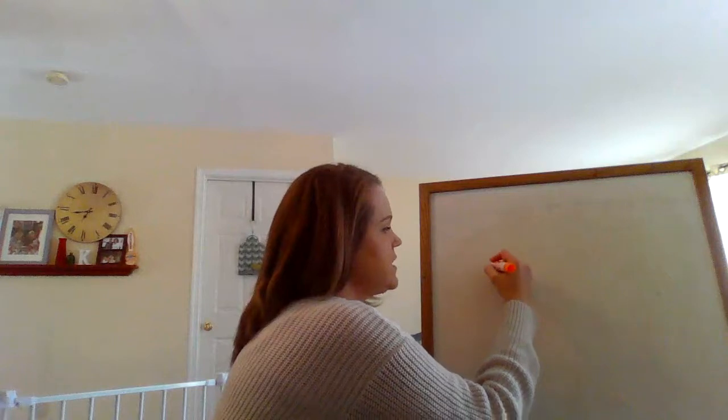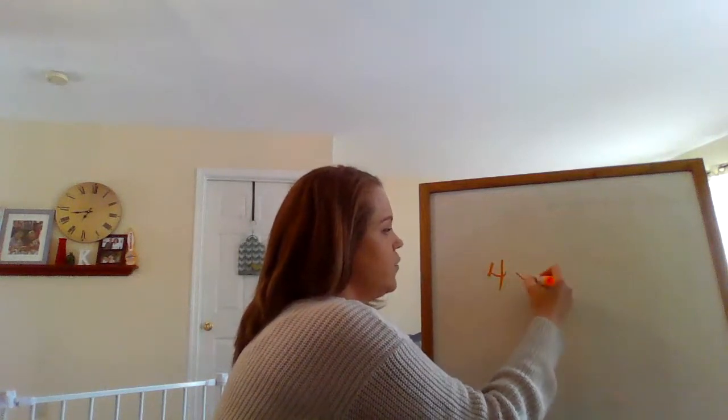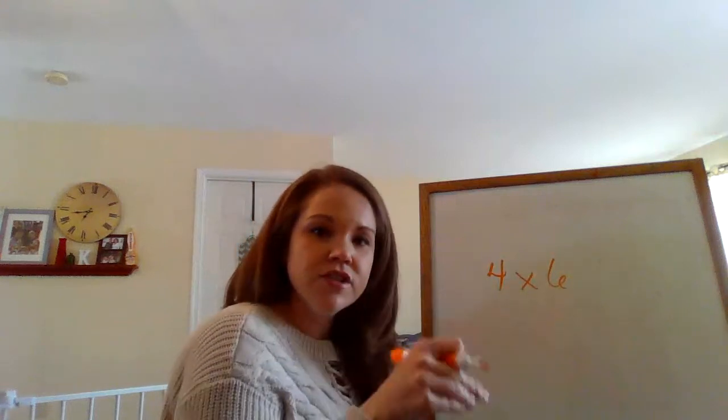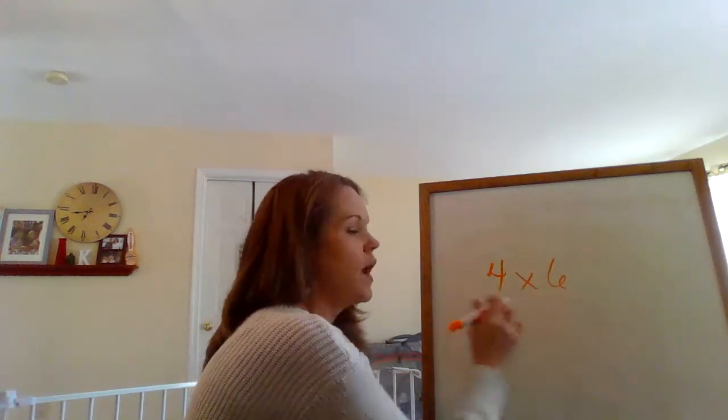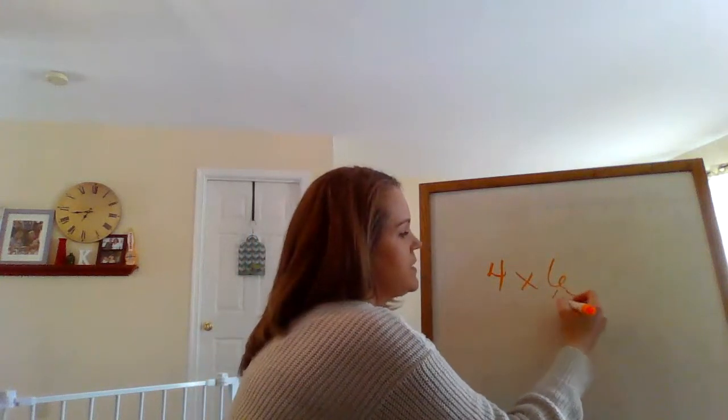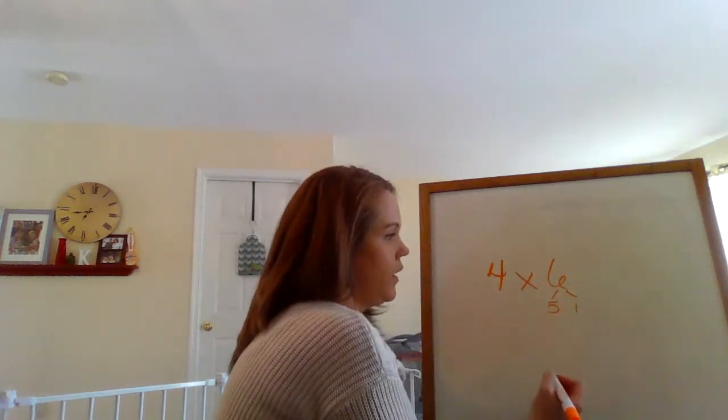So let's say we had 4 times 6. I know that's a smaller one, but let's just practice with this. I know that I like 5 and 1, so I'm going to break up 5 and 1.